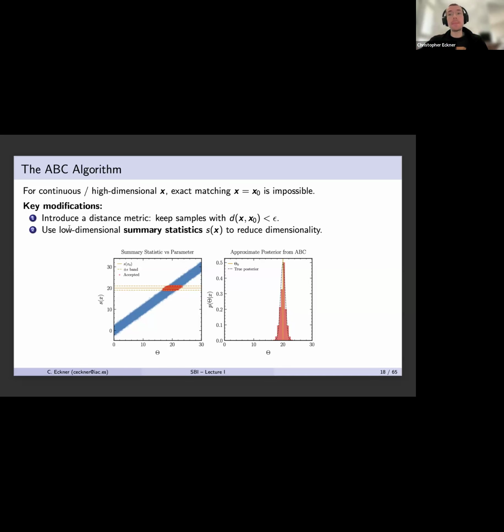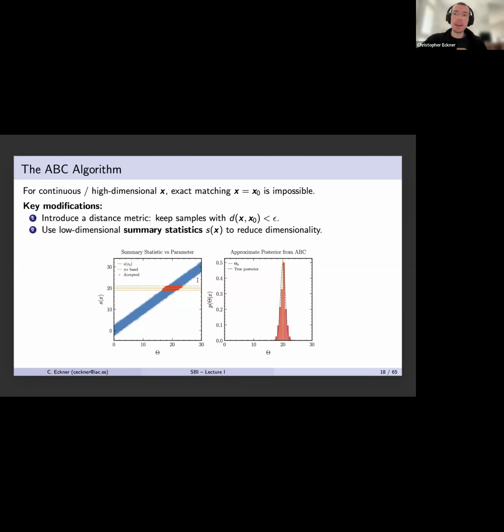Then you can play the same game again. You simulate your observations, apply whatever this summary statistic does to reduce the dimensionality, and you get the same two-dimensional plot of your parameter, if it's a one-dimensional problem, and the summary statistic of the observations. And you again have this dependence as a joint probability distribution.